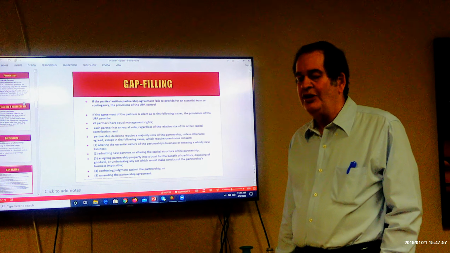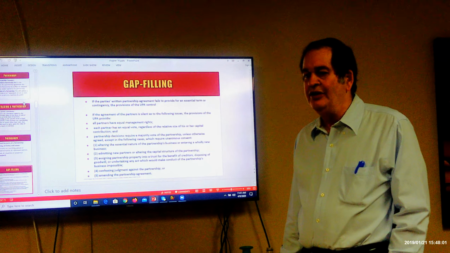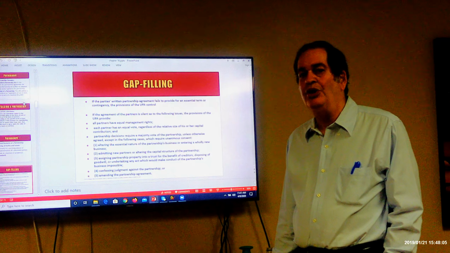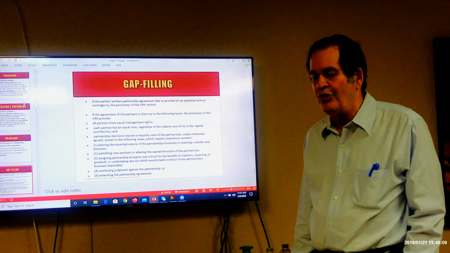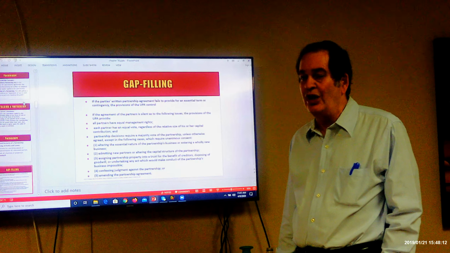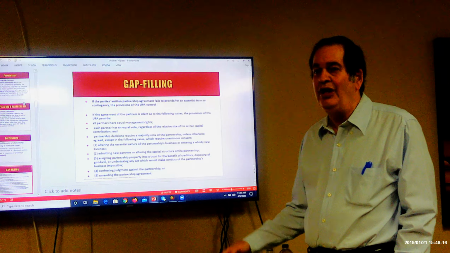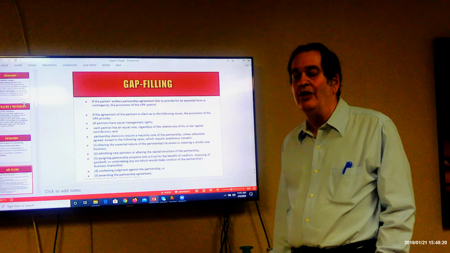So another example would be profits. Okay, suppose you have 3 partners and they want to share their profits equally. They need to put in their agreement that they're going to share their profits equally, 1/3 each. If they fail to do so, the gap filling would say the same thing, 1/3 each.